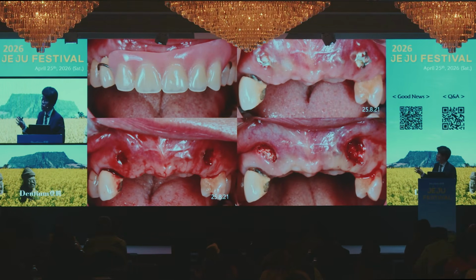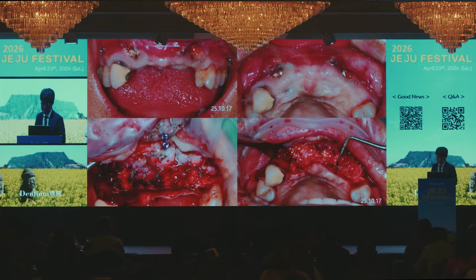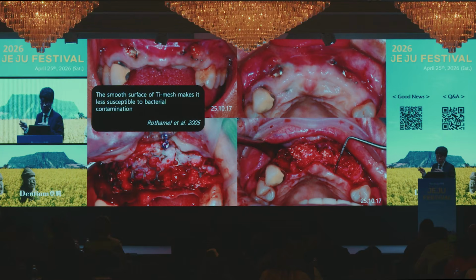Fortunately, there was no sign of inflammation, so I trimmed it and exposed the portion. 3 months later, it was healed well with soft tissue coverage, but the problem was the mesh exposure was extending to the adjacent area, so I decided to remove all the mesh. But titanium mesh has a relatively smooth surface.